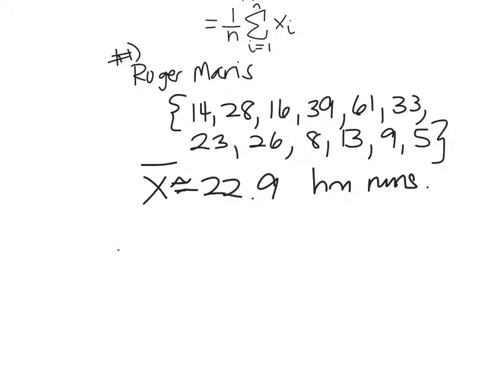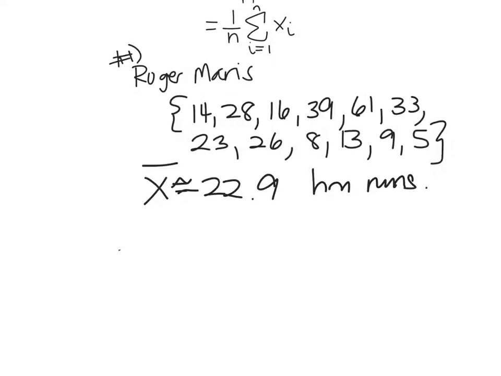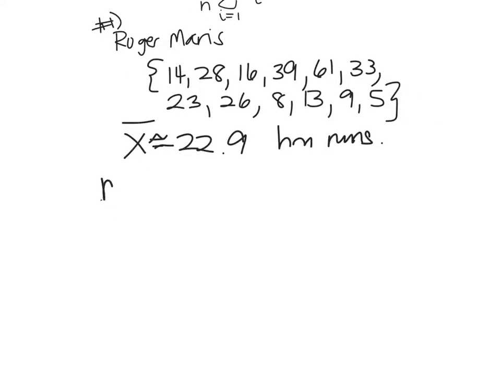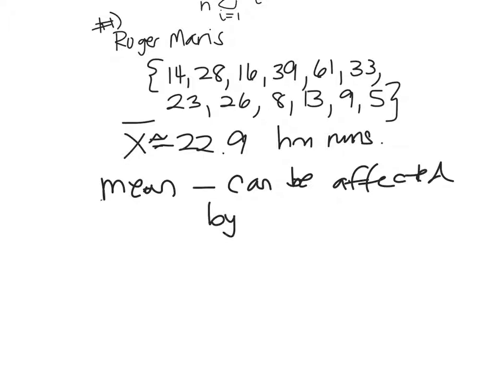Here we go. Let me erase that. Okay, so we get 22.9 home runs. Let me go ahead and talk about the mean and the median, and which one we want and why, which one's better or not better. So the mean can be affected by outliers.